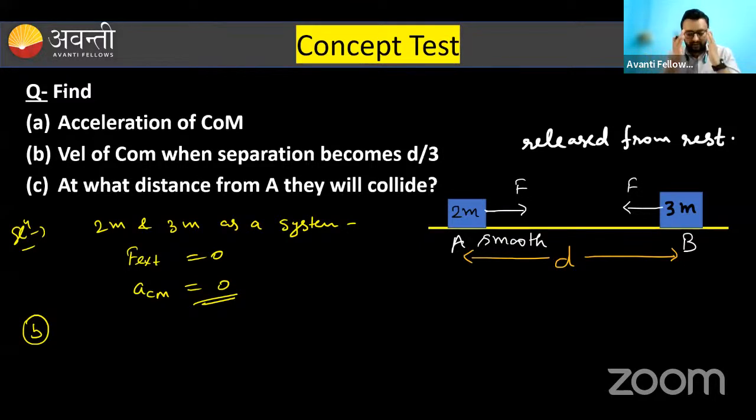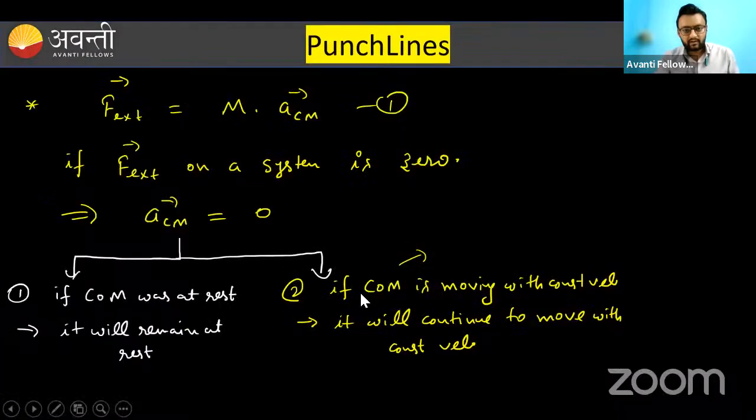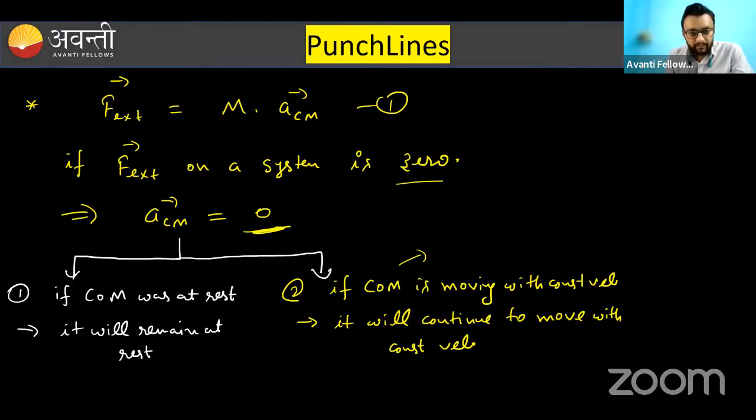Are you not getting my point? I have told you in the previous slide, if F external is zero, acceleration will be zero. And if the center of mass was at rest initially, then it will remain at rest. That means its velocity will remain zero.